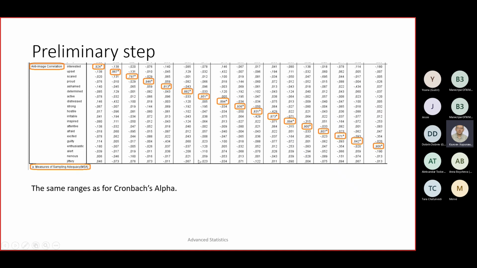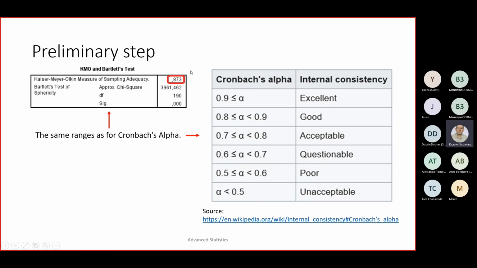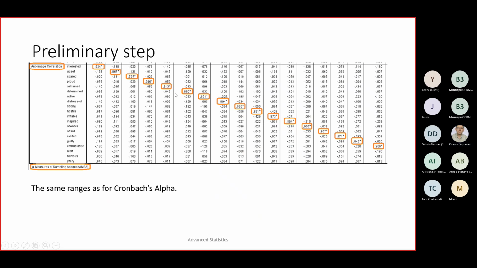If the sampling adequacy is not acceptable for one or two or a small number of items, we must remove these items. If there are values below 0.5, we must remove the corresponding item from our analysis.